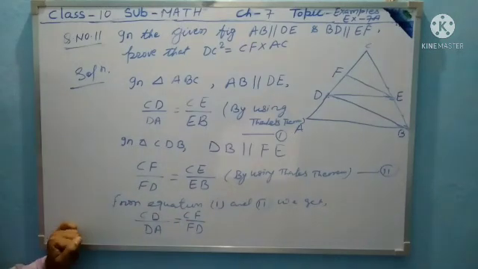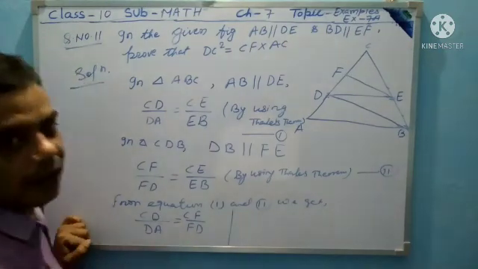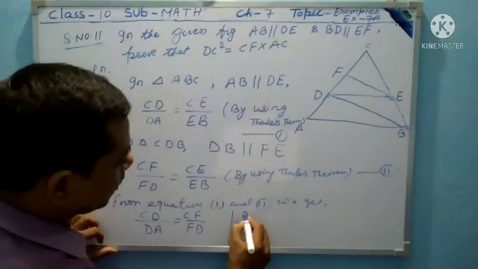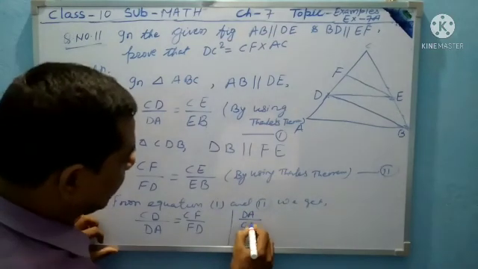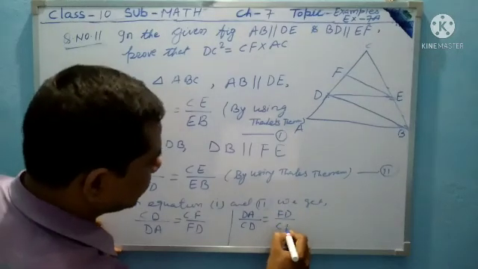So CD by DA is equal to CF by FD. Now taking the reciprocal, DA by CD is equal to FD by CF.